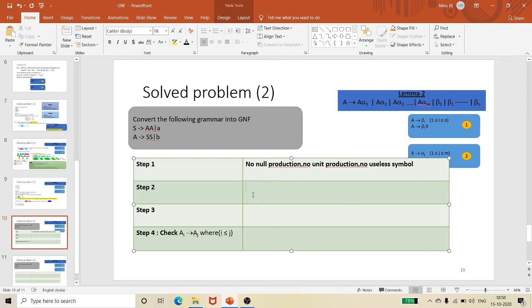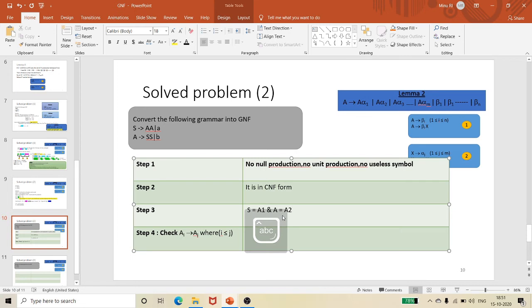Step 2, I need to convert it into a CNF form. CNF form means a non-terminal gives a terminal, or a non-terminal gives two non-terminals. So it is in CNF form. Step 3 is that I need to rearrange it. So let me rearrange it. Let me consider S equivalent to A1, and A equivalent to A2.